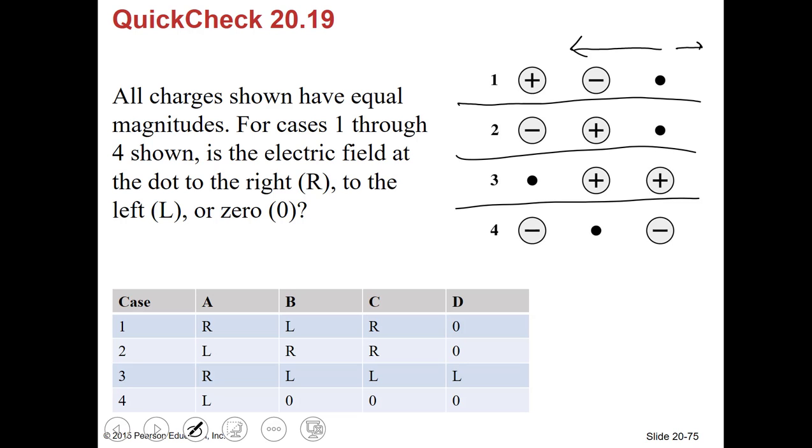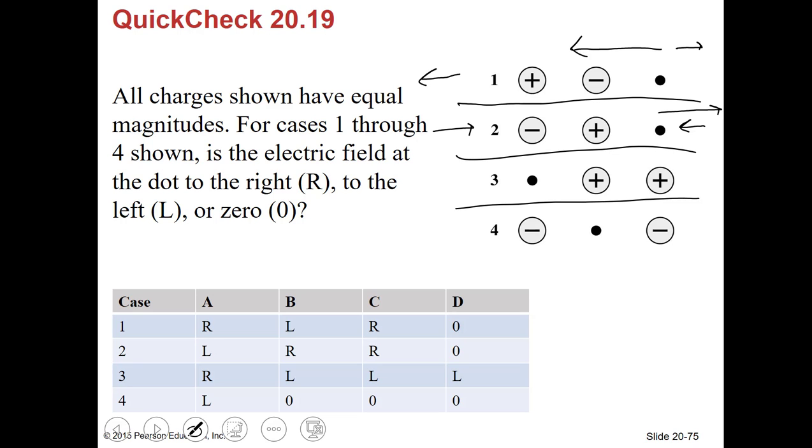So the net amount would be this way. For the second case, we have away because of the positive charge at this point where the dot is, towards because of the negative charge. This one is winning, because to the right is bigger than to the left. To the right means from the positive charge, to the left means from the negative charge.